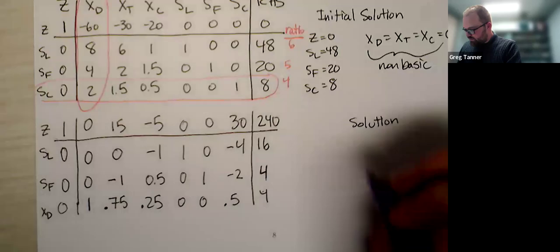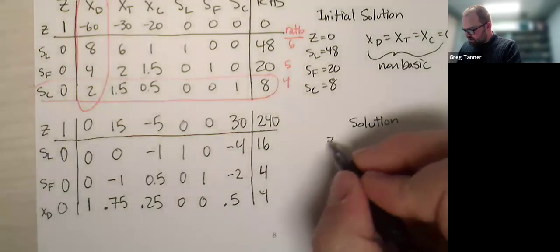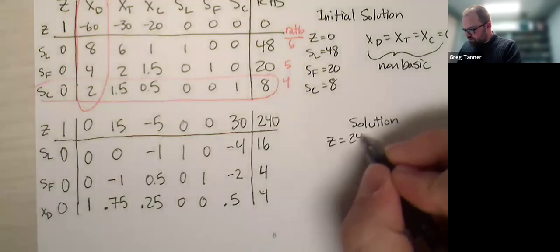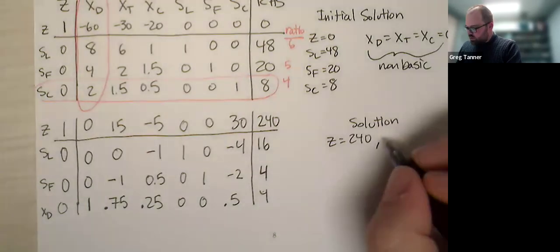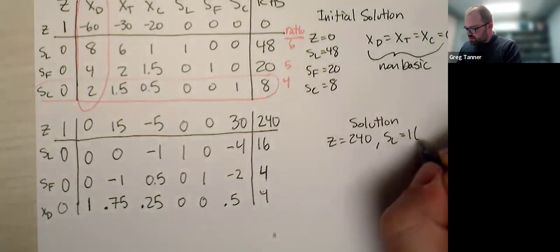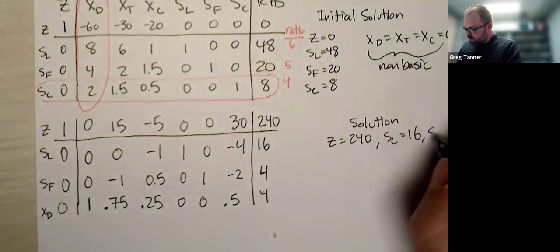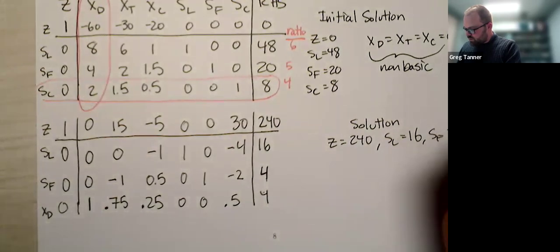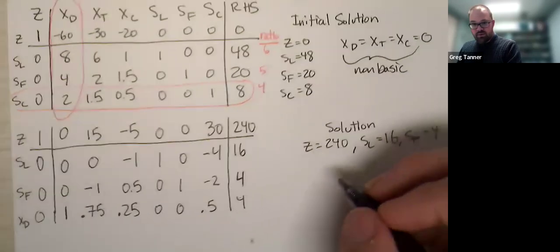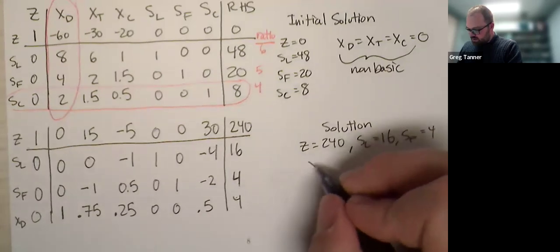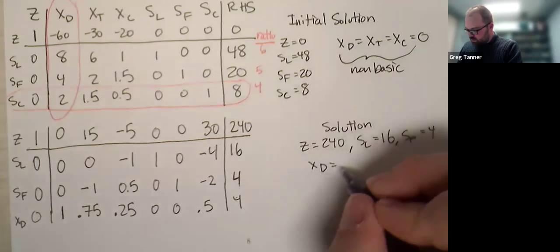Well, now I can read off that Z equals 240, SL equals 16, SF equals 4, and XD equals 4.